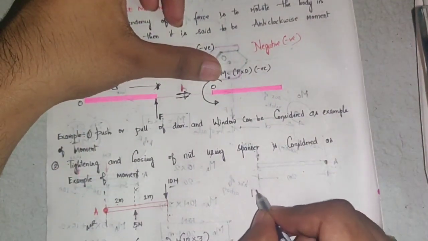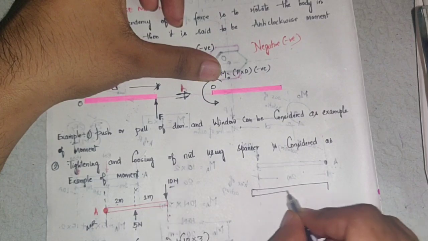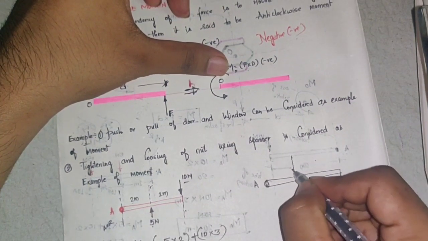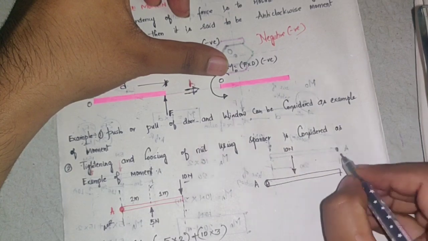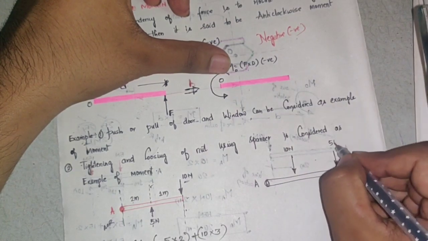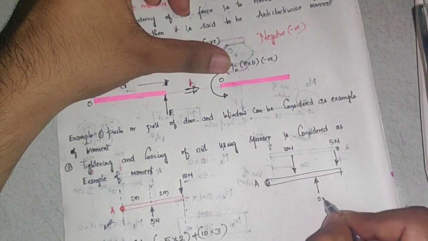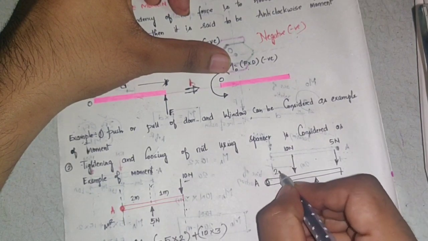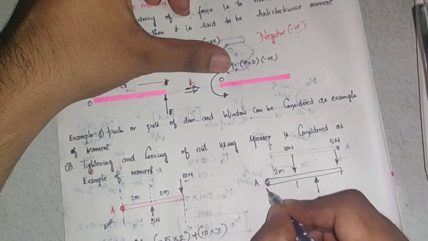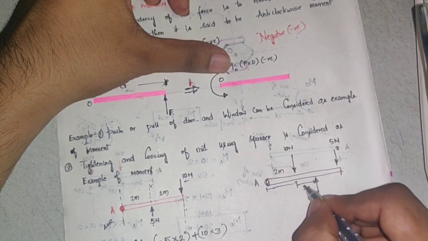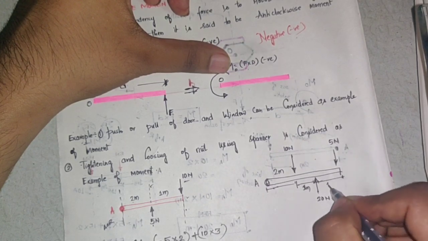I'll give you one problem as an example to check whether you have understood. About point A, there is one force of 10 newtons acting, one force of 5 newtons, and one force of 20 newtons. This distance is 2 meters, from here to here it is 2 meters, from here to here it is 1 meter, and from here to here it is 1 meter.